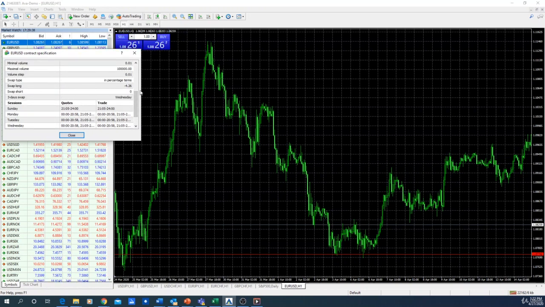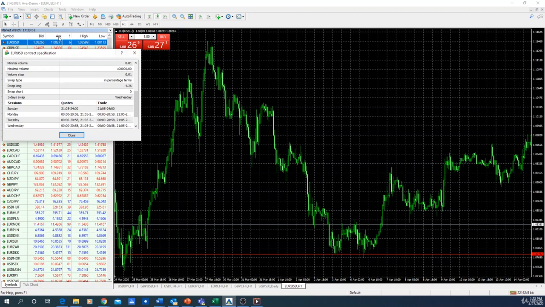You have the swap long, so this means when you buy, long is buy. So this is how much it will cost you to hold a buy position or a long position. And this is the swap, the interest that it will cost you to hold a short position or a sell position.